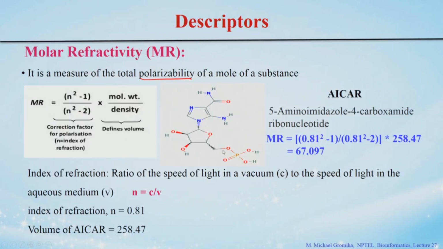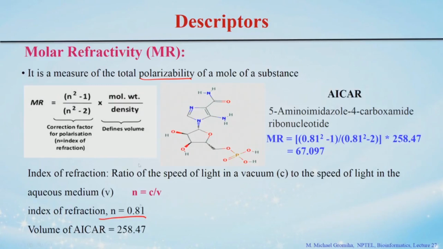So, you give this compound, the AICAR compound, amino imidazole 4-carboxamide ribonucleotide. We know n equals 0.81, because the index of refraction is known for all the compounds.